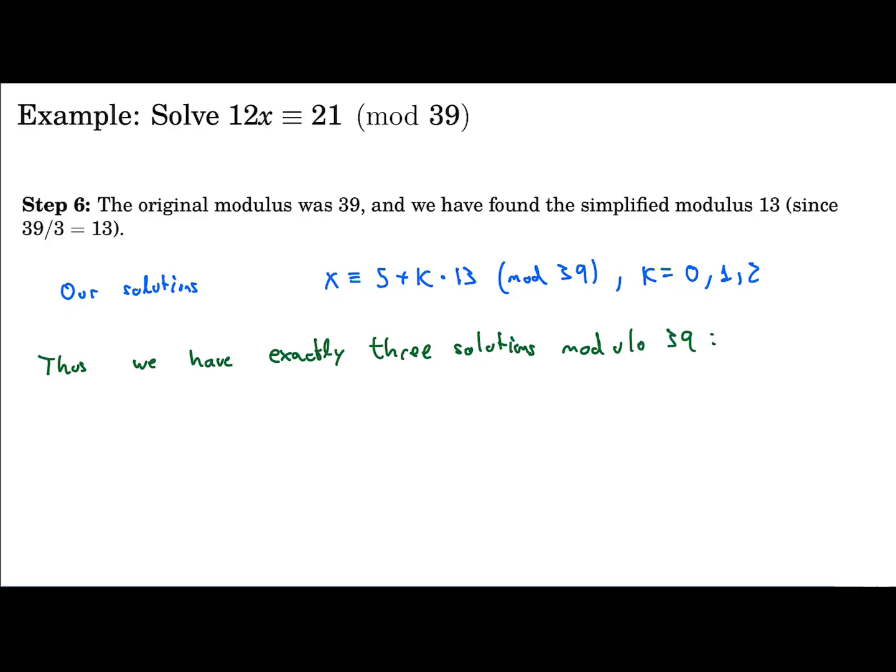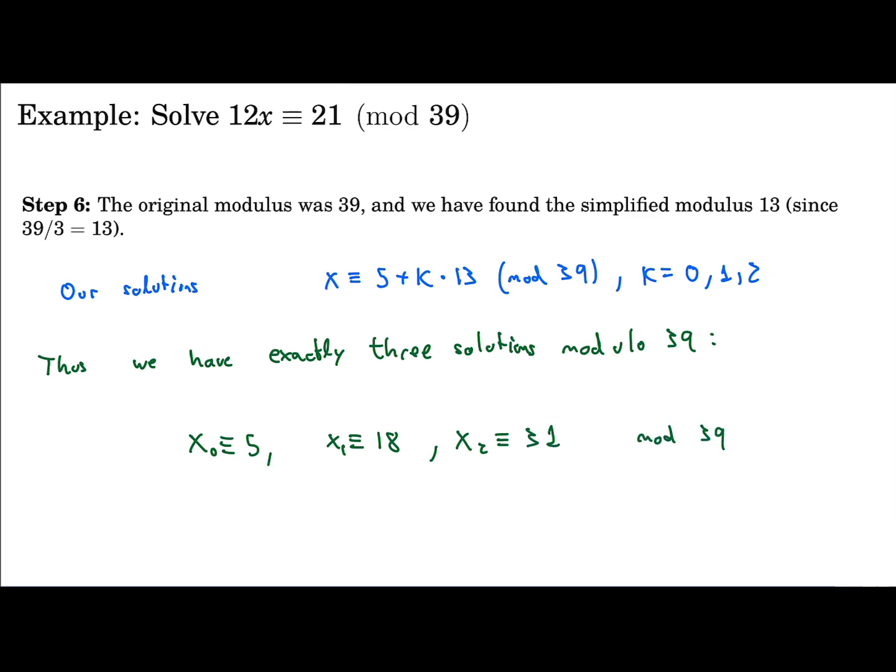So one solution is going to be congruent to 5. The other solution will be this, but with k equal to 1, so 5 plus 13, so congruent to 18. And the last solution will be congruent to 31, all of these mod 39.